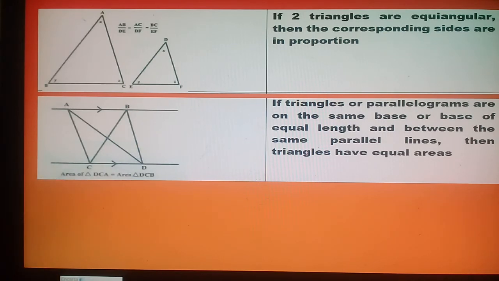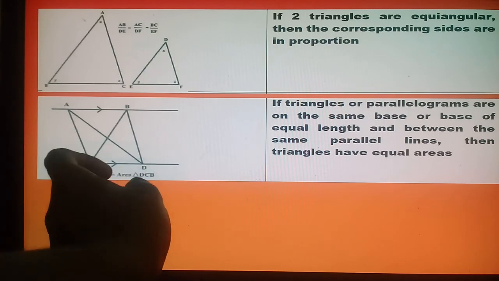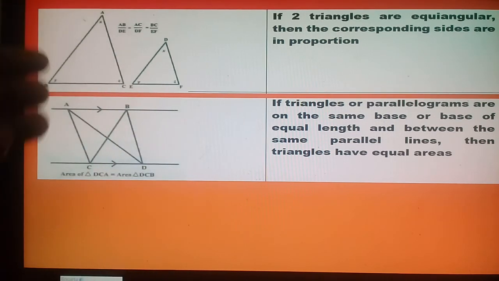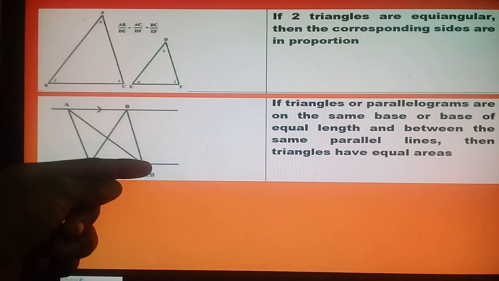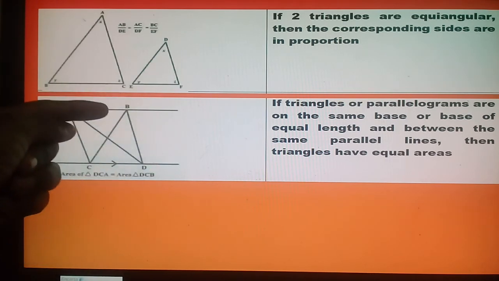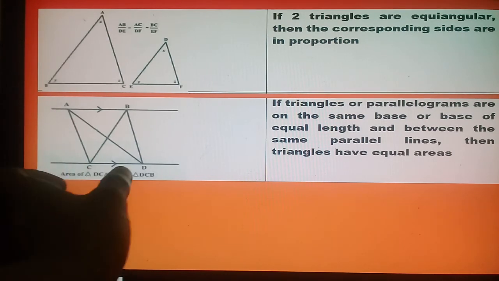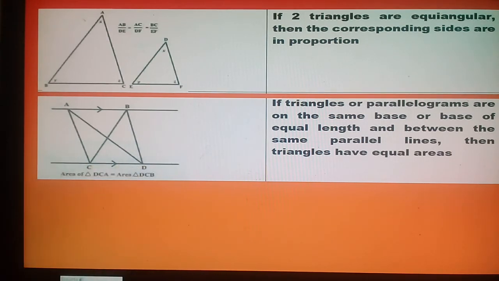And what we know is that they share the same base, CD, and they have equal height because they're between parallel lines. The height here is the same as the height here. The area of a triangle is half base multiplied by height.